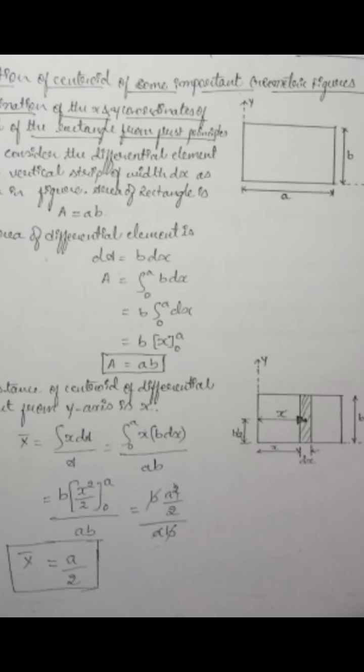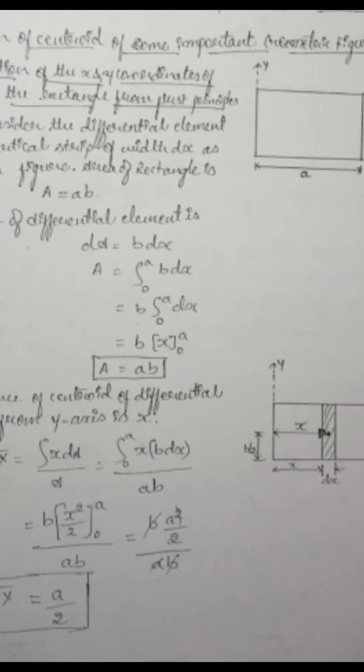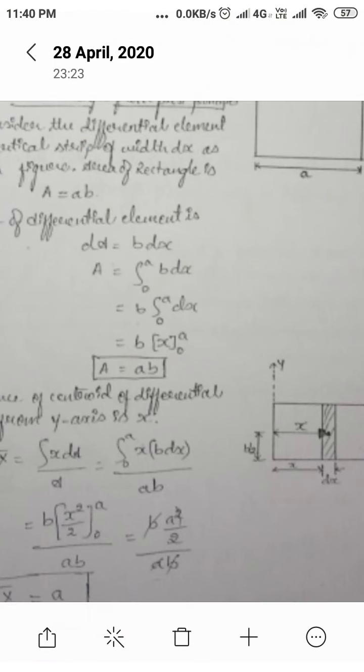Next, we want to find out the centroid. According to the centroidal equation, it is the summation of the small elemental area into the distance from the centroid to the origin, so x into dA. In the definition it is a summation, but summation and integration are equal, so in place of summation I am using integration.